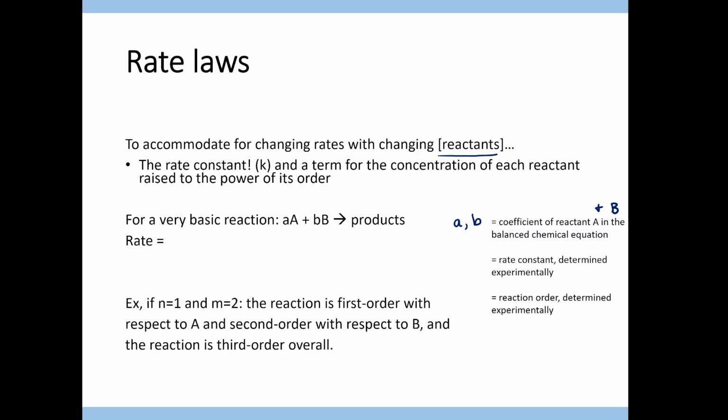We can write the rate in terms of A as having, since this is a reactant, we write it as negative 1 over its coefficient times the change in concentration of A over change in time. So that's one way to write the rate law. We could also write it as 1 over lowercase b times the change in concentration of capital B over change in time.